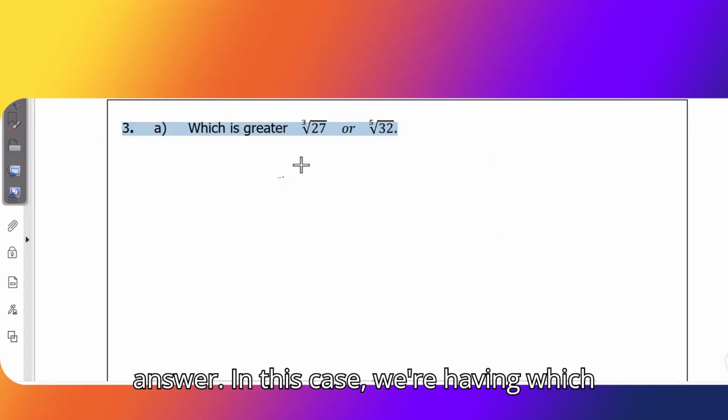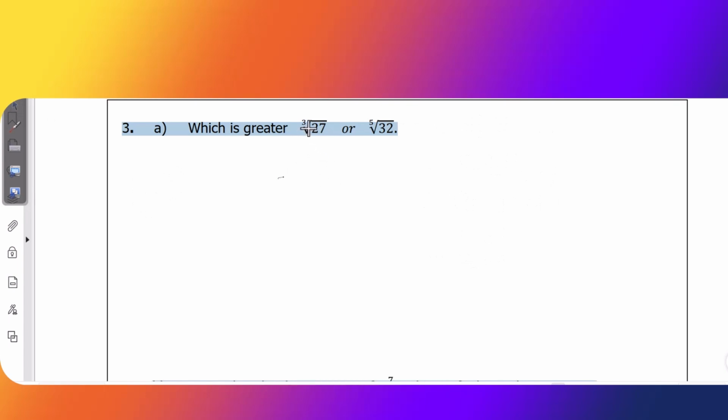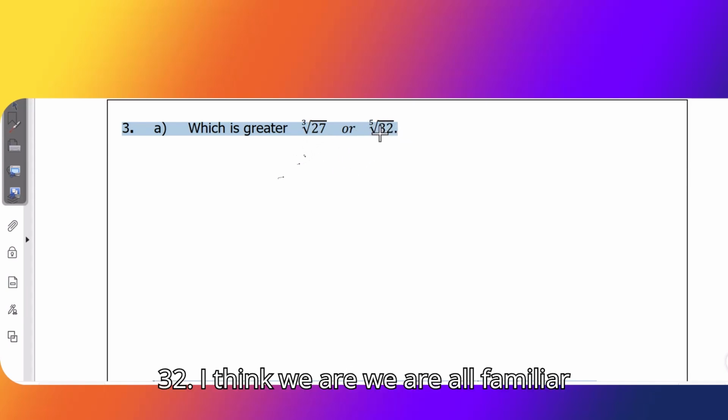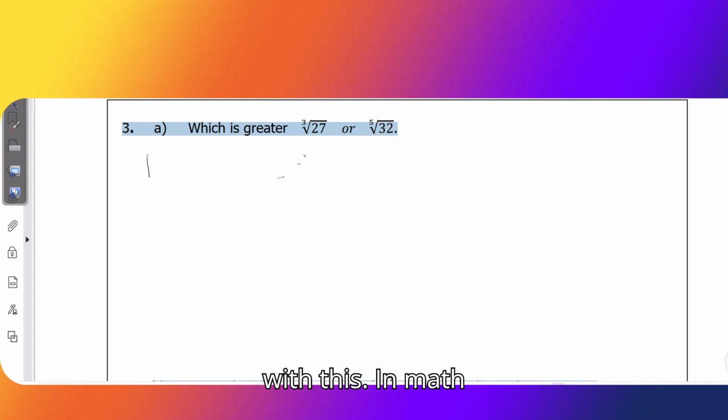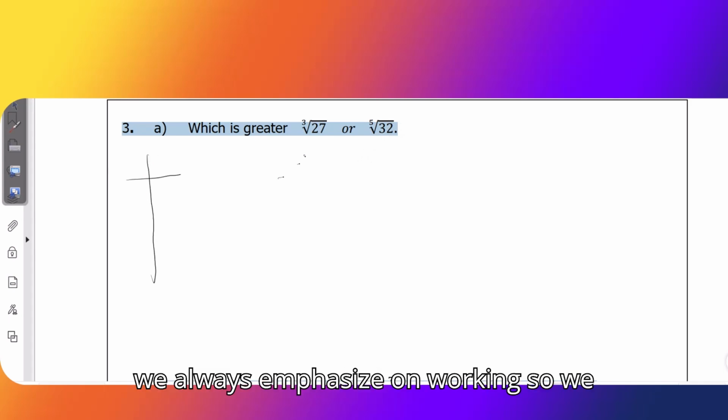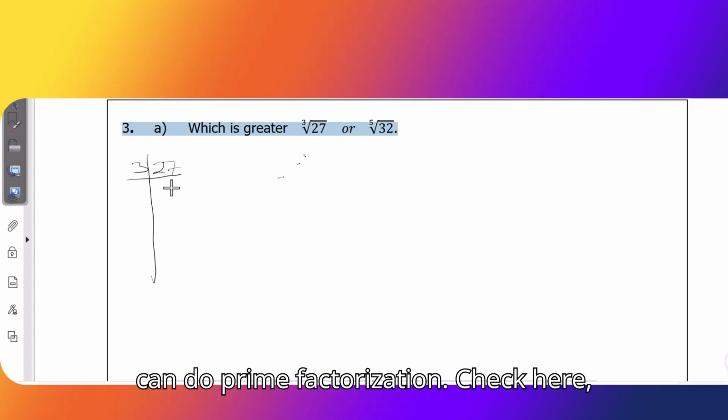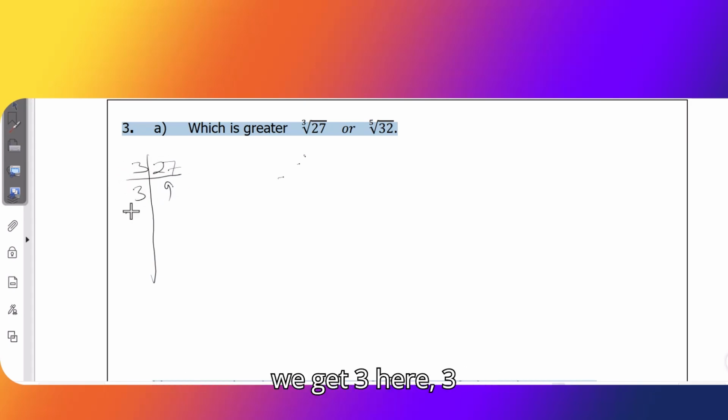In this case, which one is greater: the cube root of 27 or the fifth root of 32? I think we are all familiar with this. In math, we always emphasize working, so you can do prime factorization. Check here: you get 3, 3 again, 1.